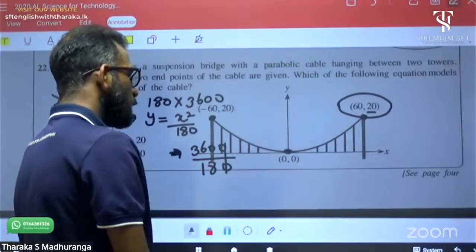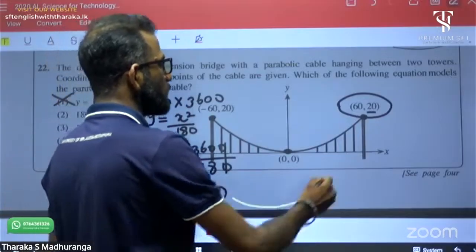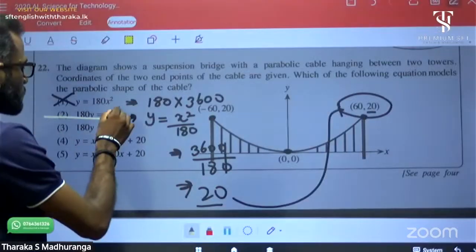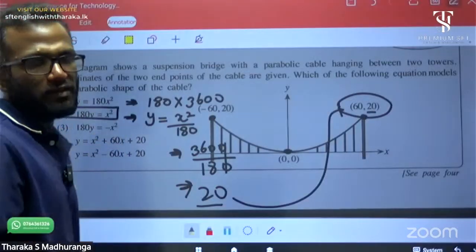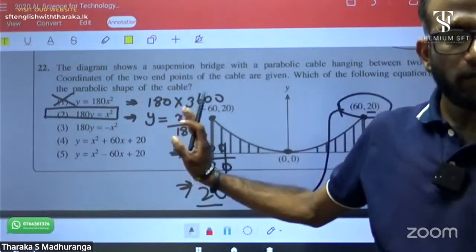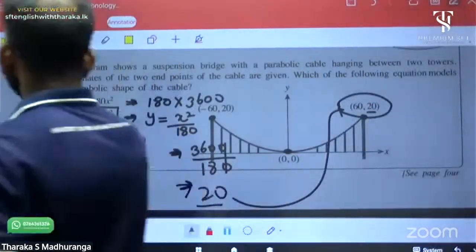Then 360 over 18, it is 20. It is equal to this point. Then answer 2. You can check other questions in same format, same method. It is not same. Therefore, answer number 2.